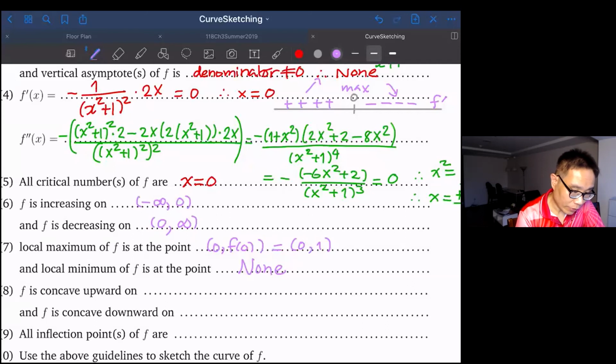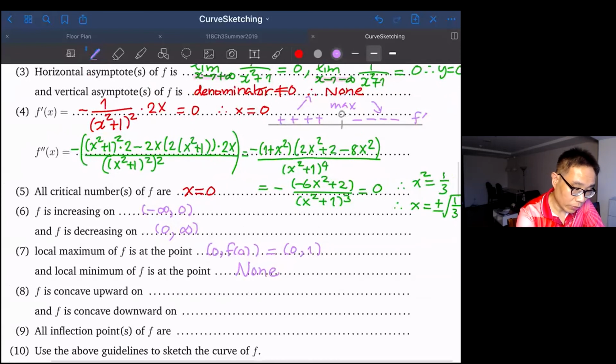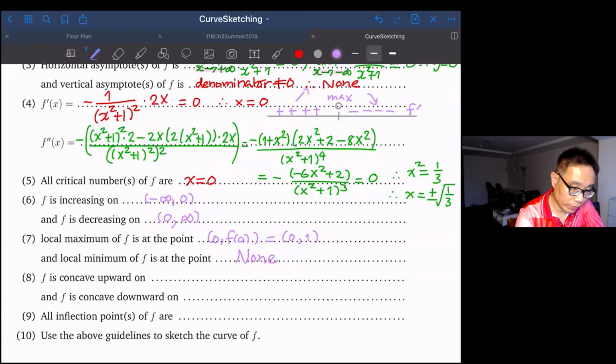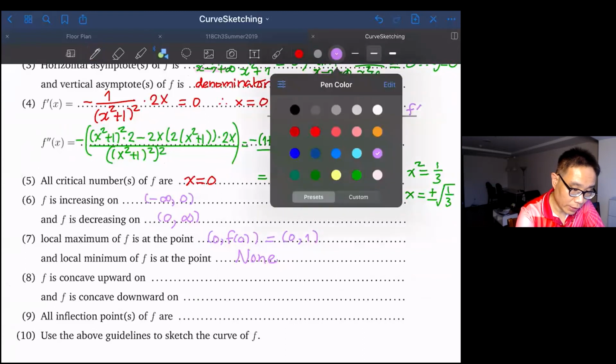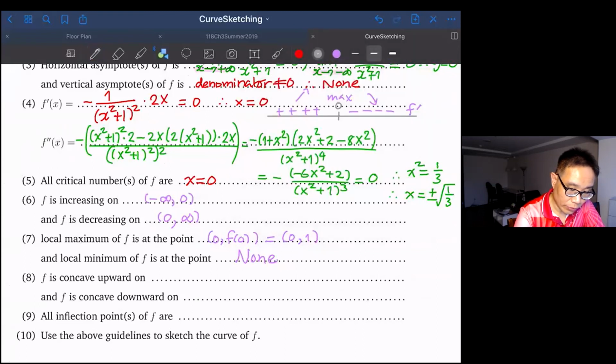And the next one is going to be concave up and concave down. So for concave up and concave down, you look at the second derivative. So you're gonna draw a real number line, and you see that you're gonna have to plot 2 points. So it's gonna be negative 1 over root 3 and 1 over root 3.